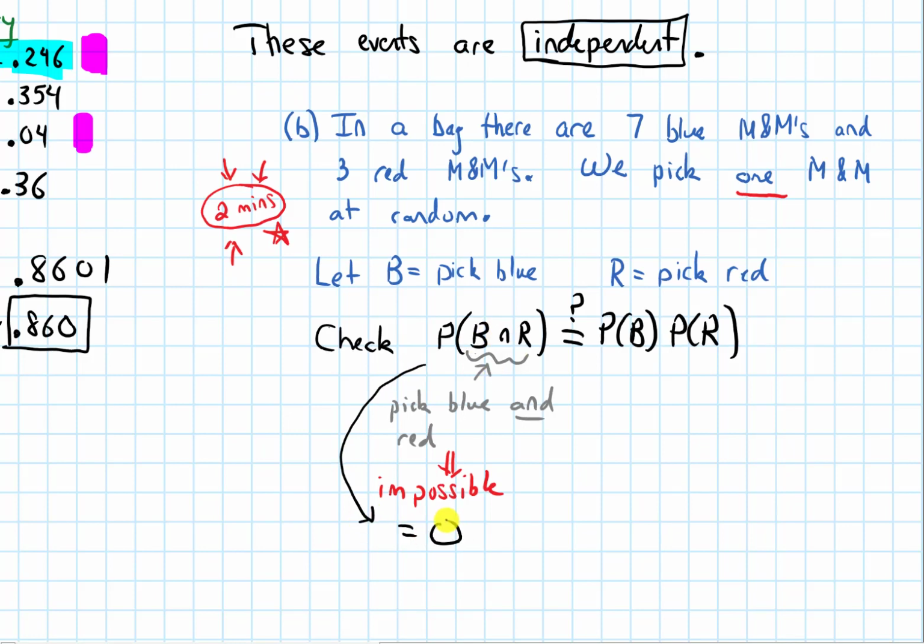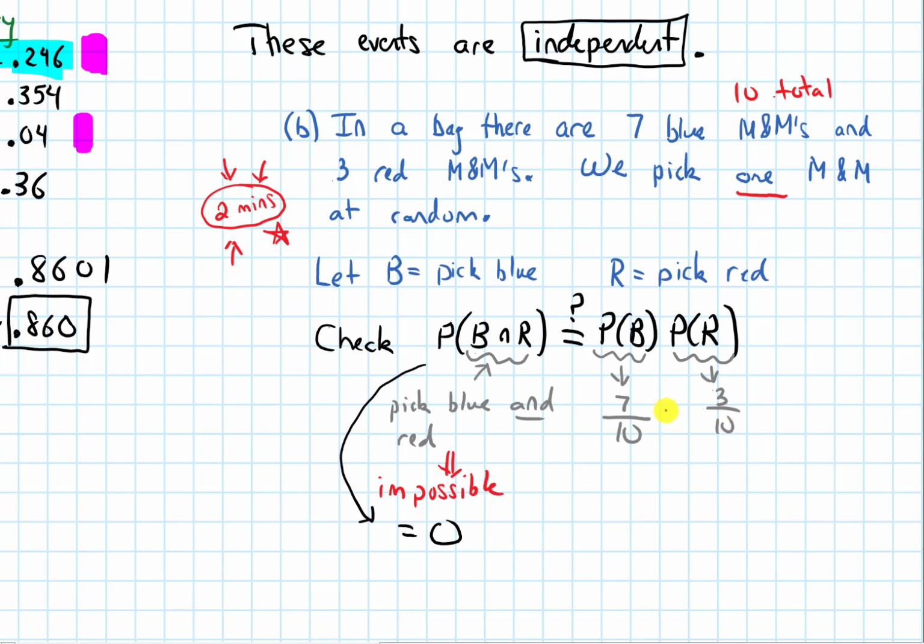Okay, so that made the left-hand side pretty quick and simple. Now let's compare this to the right-hand side. On the right-hand side, we've got the probability of B, the probability of picking a blue M&M. There are seven ways I can pick a blue one out of 10 total M&Ms here, because 7 plus 3 is 10. So 7 over 10 is the probability of picking a blue. In the same way, the probability of picking a red would be 3 over 10, because there's 3 reds and 10 total.